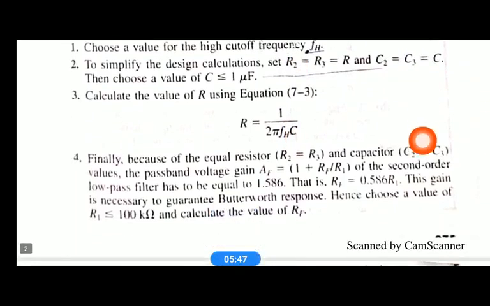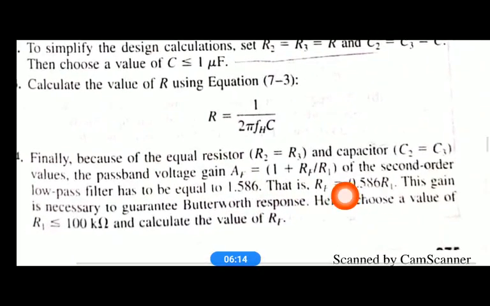Once you do this, in a similar manner as we use in the second order low pass filter, the gain must be equal to 1.586. Here also, for the second order high pass filter, the gain must be equal to 1.586. Therefore RF is always equal to 0.586 of R1.